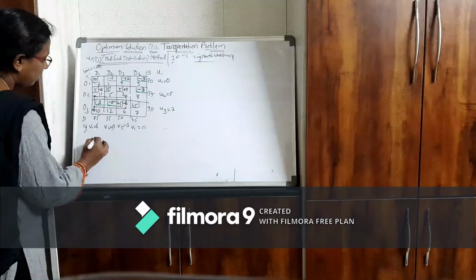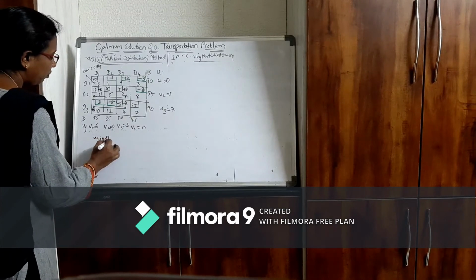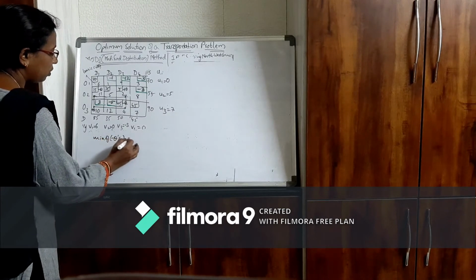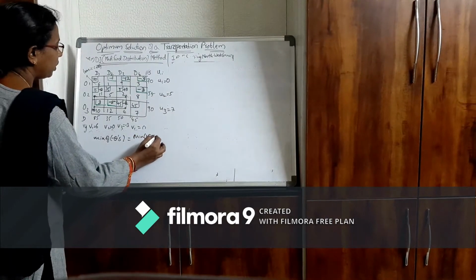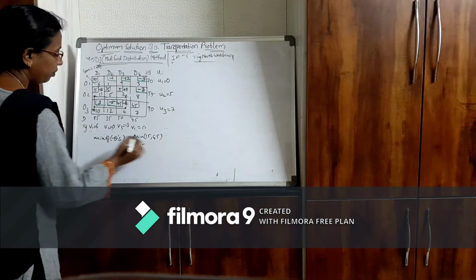So here, the minimum of minus thetas is equal to the minimum of 15 comma 45, which is equal to 15.